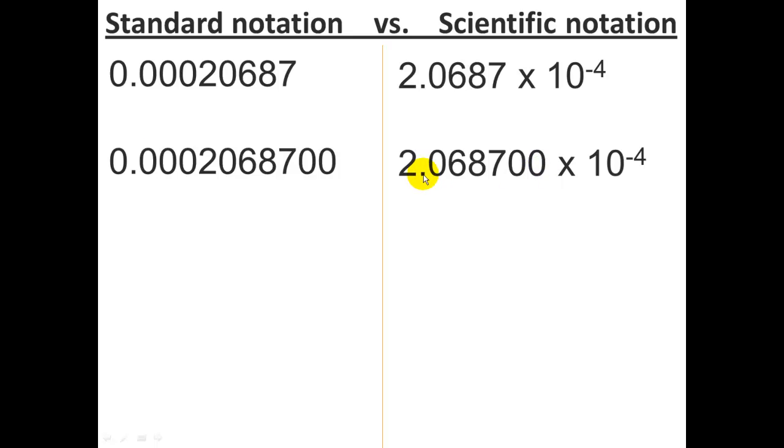But the decimal has been moved how many places? 4. So it's as if we took this 2.068700 times 0.0001. That would give us back our original number. But it is also equal to 1 times 10 to the minus fourth. So we put the times 10 to the minus fourth on this 2.068700. And that is our scientific notation version of this very same number in standard notation.